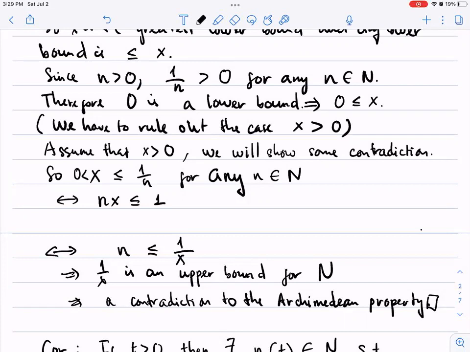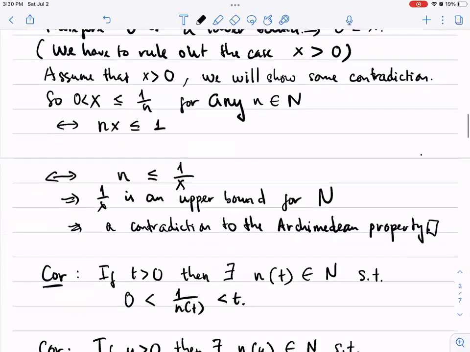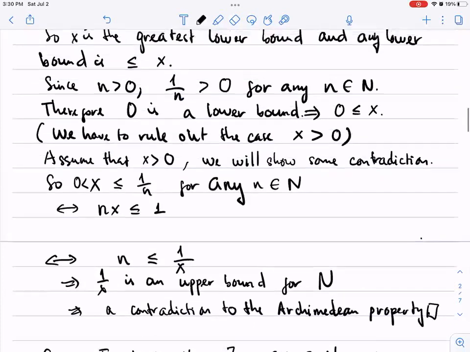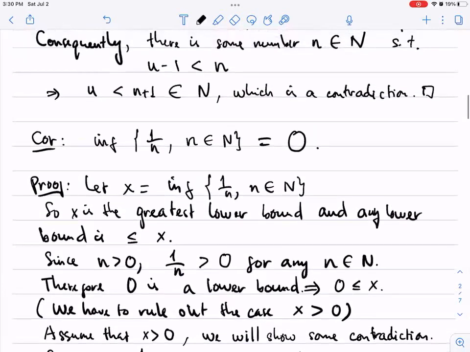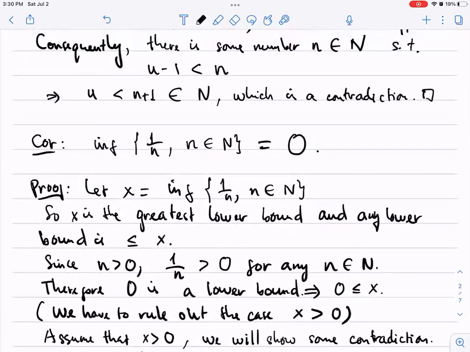Therefore, x must be equal to 0. So again, this is a very, very important statement that you're going to see again and again in class. It says that the infimum for all reciprocals of a natural number must be equal to 0.